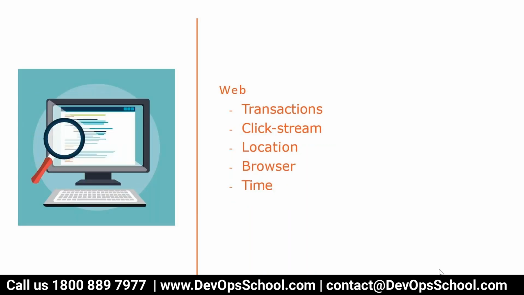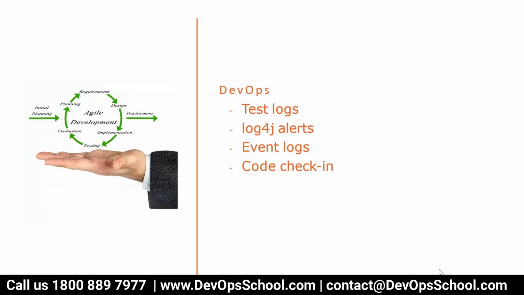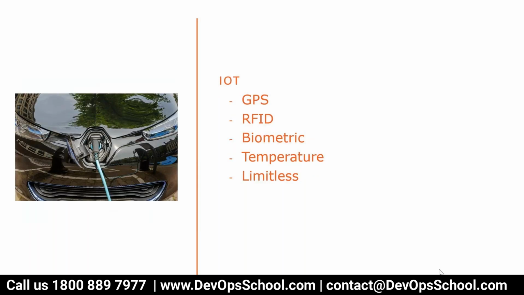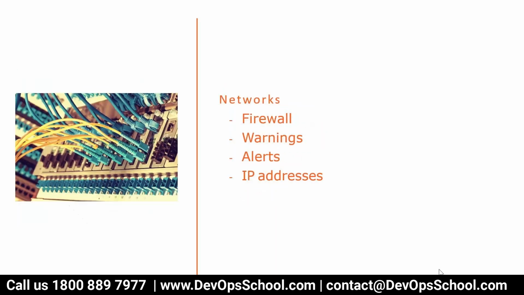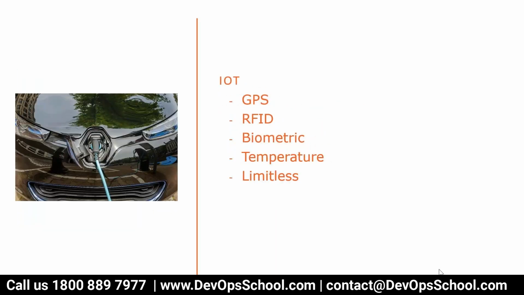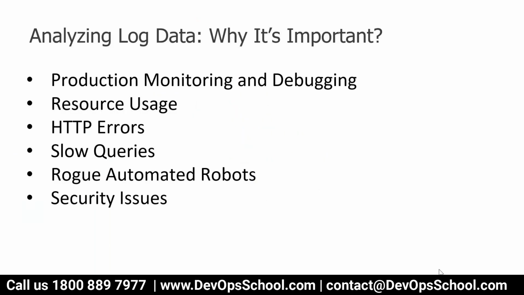Web transaction logs, clickstream logs, location, browser, time. In DevOps we also have lots of different types of logs like test logs, log4j events, and code check-ins. IoT devices again have different types of logs. So there are different sources of logs, and we need to analyze them.